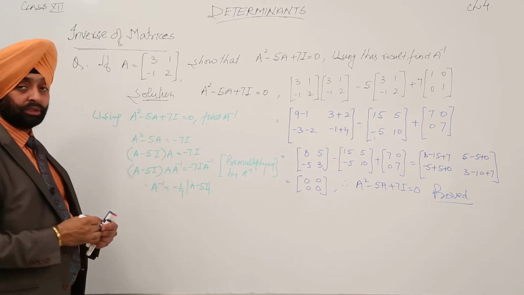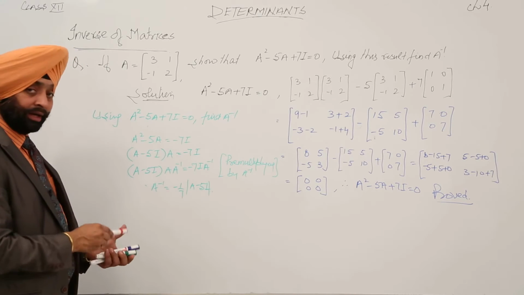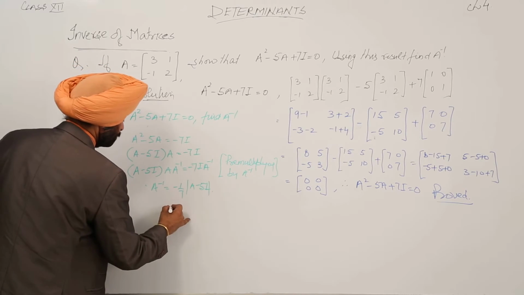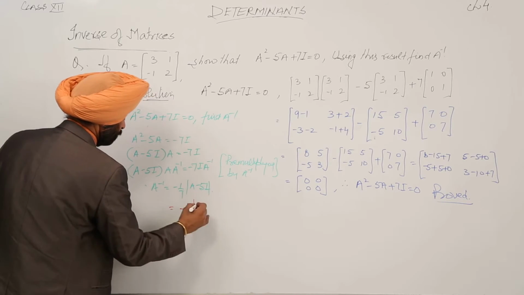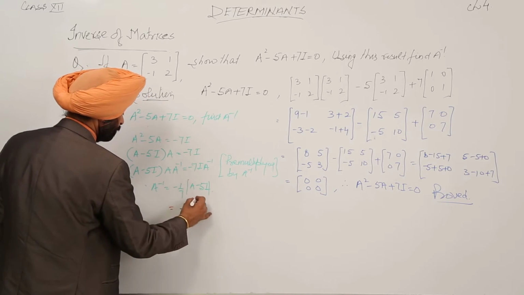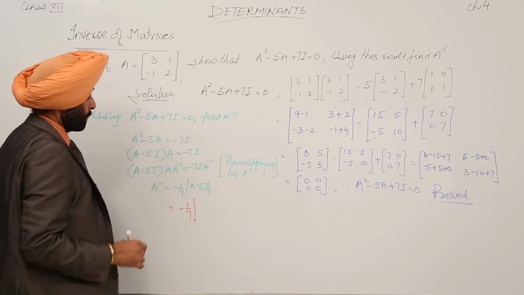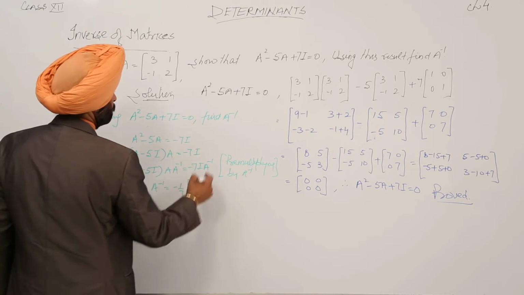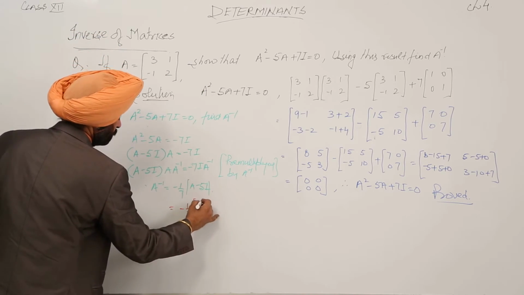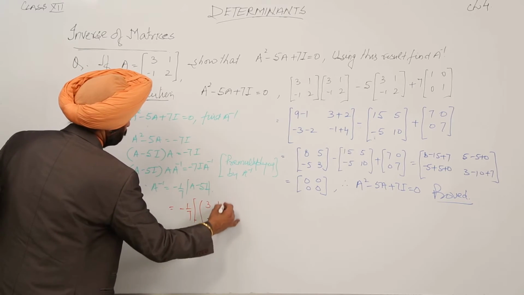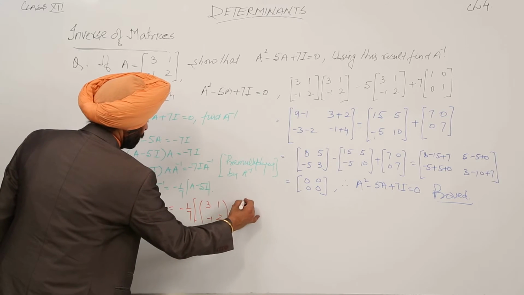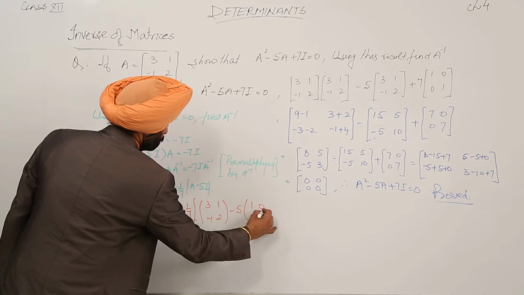So this is the A inverse. Now let's find this part. This is equal to minus 1 by 7 times [[3, 1], [-1, 2]] minus 5 times [[1, 0], [0, 1]].